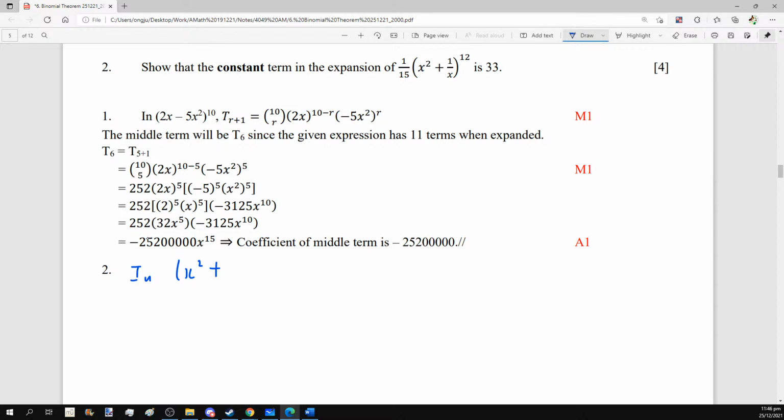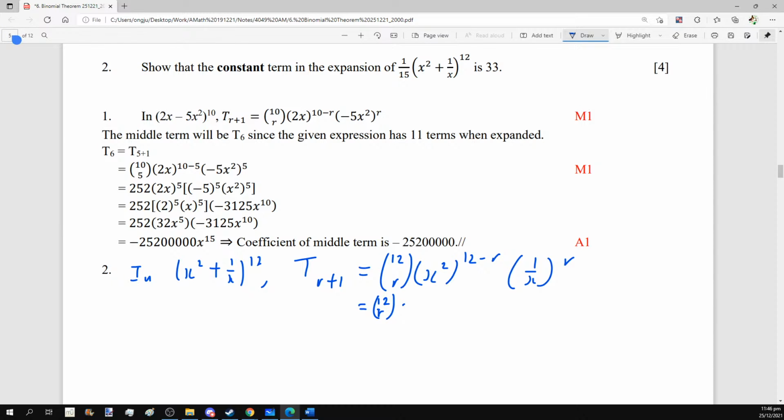Inside x squared plus 1 over x, entire thing to the power of 12, the general term is t r plus 1 equals to, and then we will use the general term formula from the formula sheet above. N choose r, a, the first object, to the n minus r, b, the second object, to the r. So this is what we will declare. From here, we will see that there are a few simplifications that can be done.